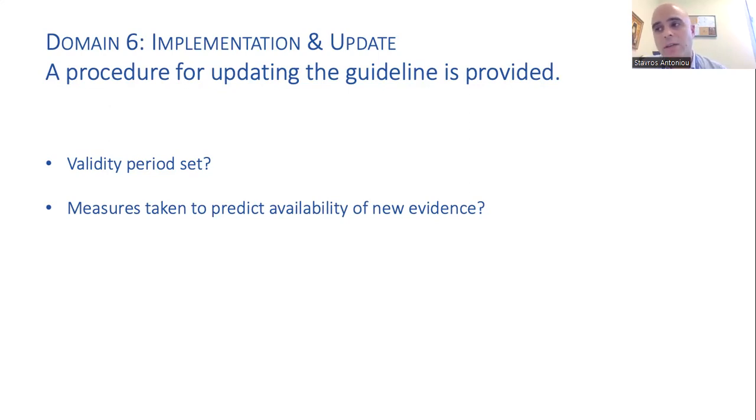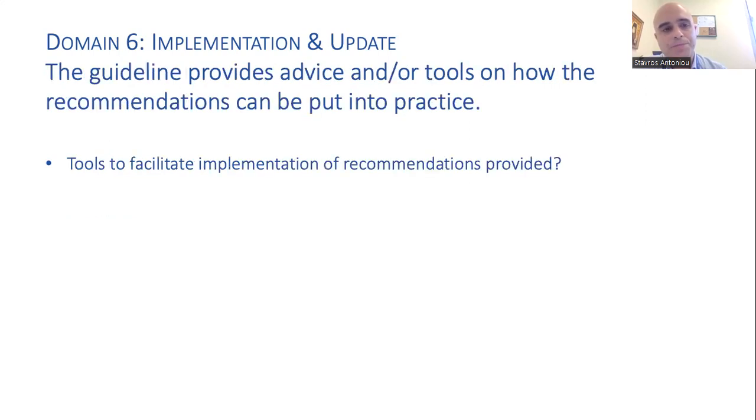And if we see that very few trials over the past few years have been developed in a specific field, we might consider that we do not expect new evidence to become available soon. Therefore, we can extend the validity period of our guideline. So we need to check that such an exercise has been performed by the guideline development group.